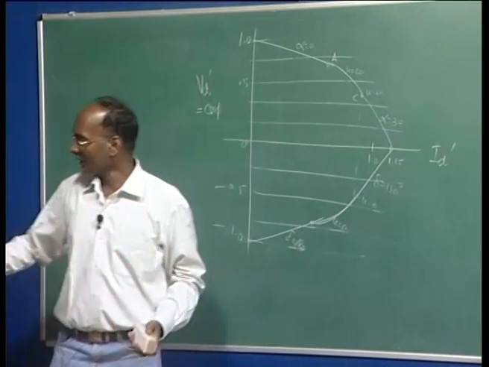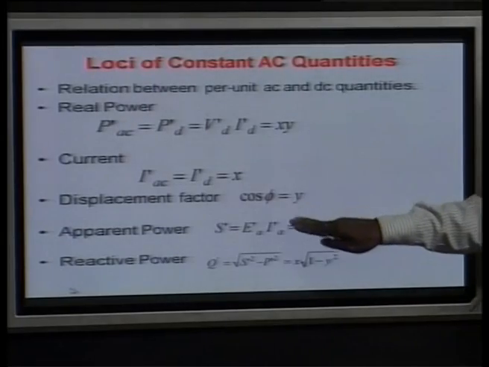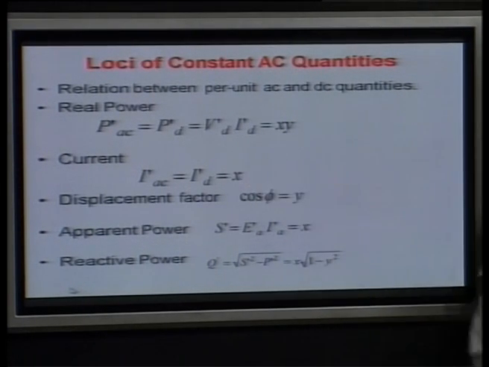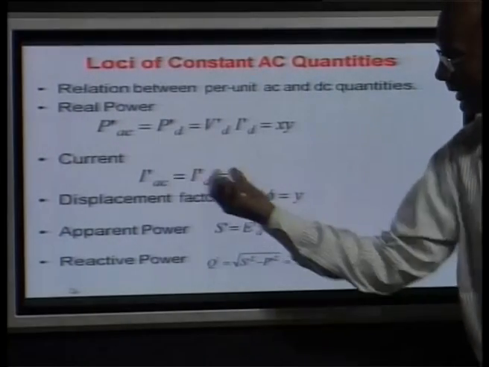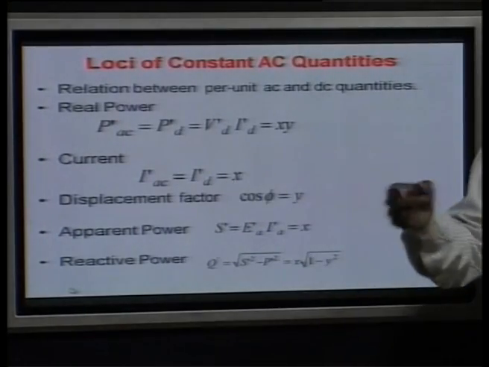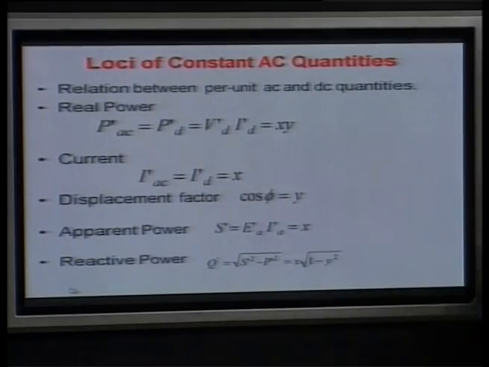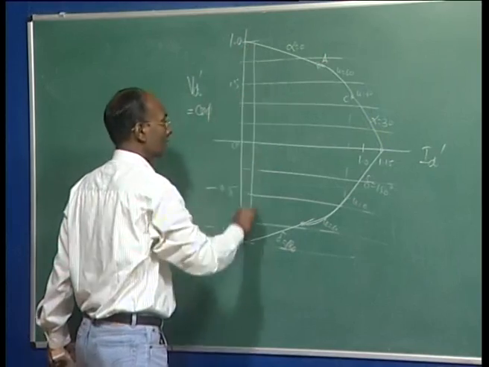Now the second characteristic we can draw here is this IAC. IAC here is x. For a constant value of IAC, x is set. It means if you have 1 per unit, here you can say 0.2, so x is 0.2 all the time. So we are having this vertical axis.